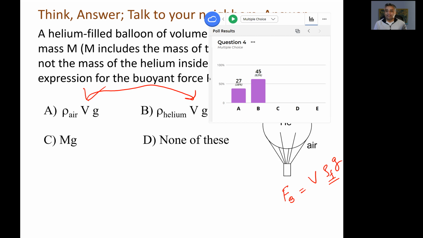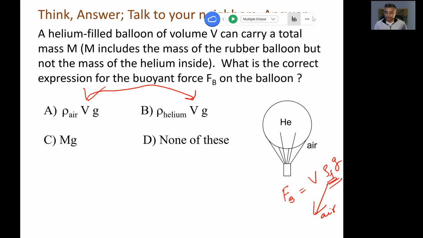Read that as the density of fluid displaced. So what fluid is being displaced by the balloon system here? Helium is part of the balloon. It's the air that's being displaced. So that's why it has to be air, and it is the correct answer. Unfortunately, folks, a lot of you got it wrong, but that's the correct answer here.